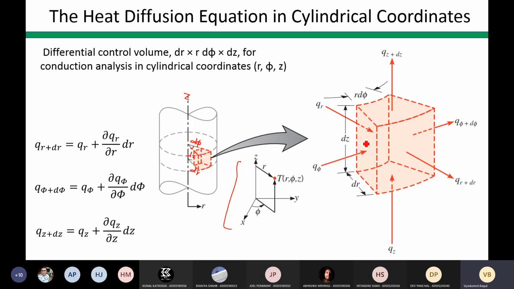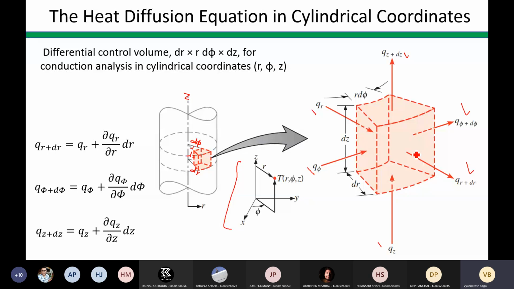And the rest of the terms are pretty similar to what we did in the Cartesian coordinates. We have the three rate of heat transfer terms, q r, q phi and q z, which are entering the control volume, and the three remaining terms, q z plus dz, q phi plus d phi, q r plus dr, are the rates of heat transfer going out of the control volume.